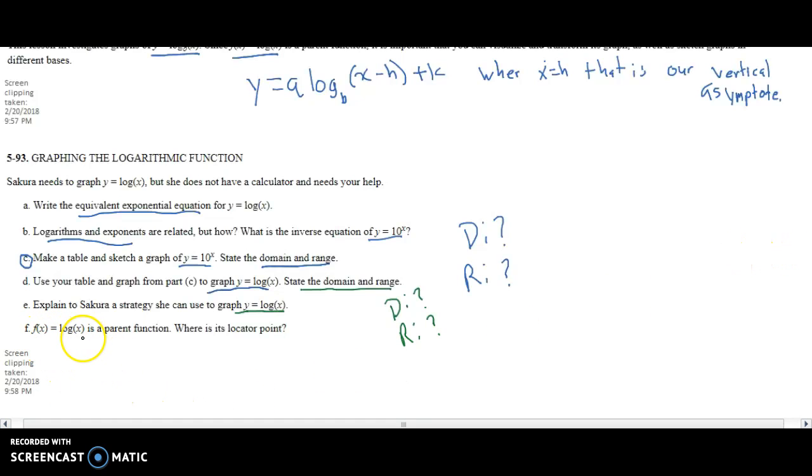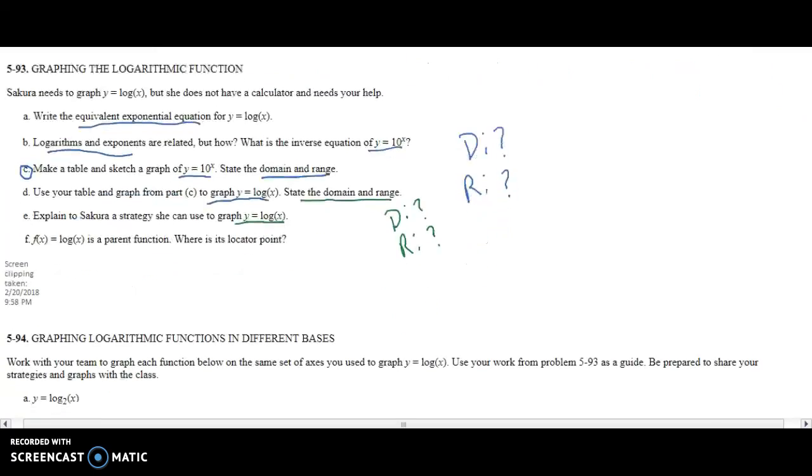Then f of x equals log of x is a parent function, and it asks us what the locator point is. So you could think about what it means to have a locator point, and see if that can help you answer part F.